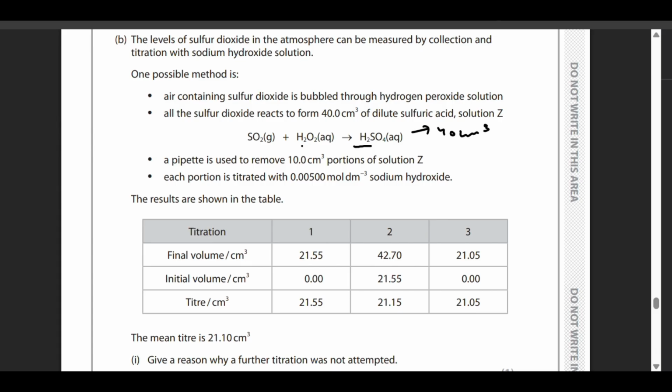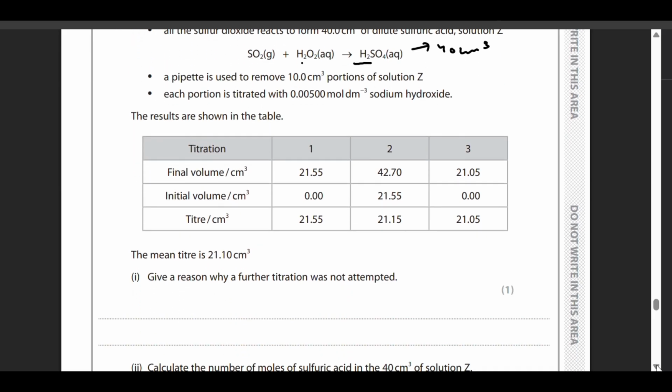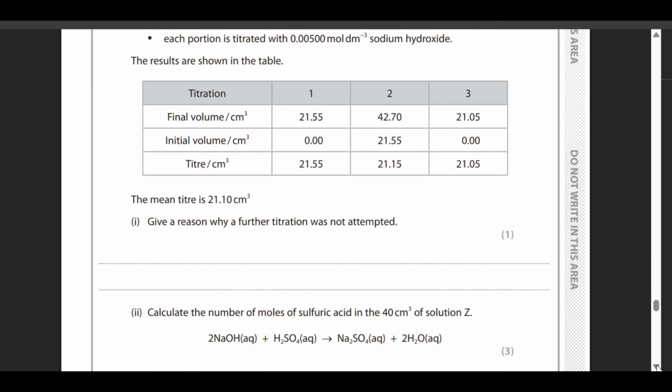Then a pipette is used to take out 10 centimeter cube of sulfuric acid from that 40 centimeter cube, and the titration is done against sodium hydroxide. They have given us the concentration of sodium hydroxide here, and the volume of sodium hydroxide, the titer.